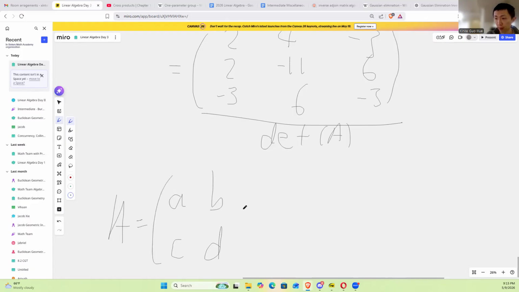Maybe I'll write ADJ A to mean the adjugate. I think the word is adjugate, although I was never taught this word when we learned it. So we look at A, delete the row and column it's in.